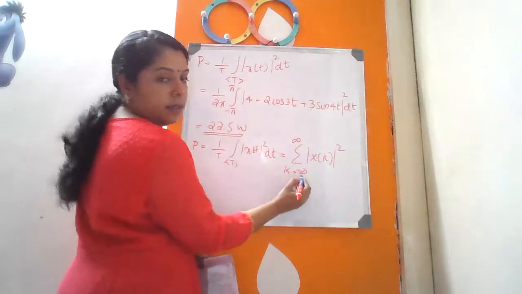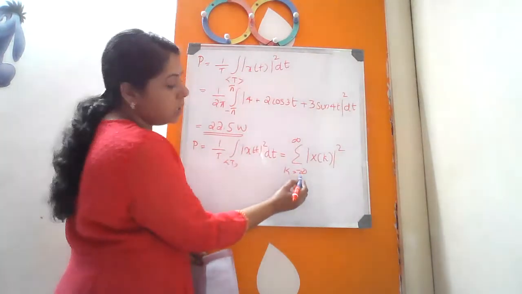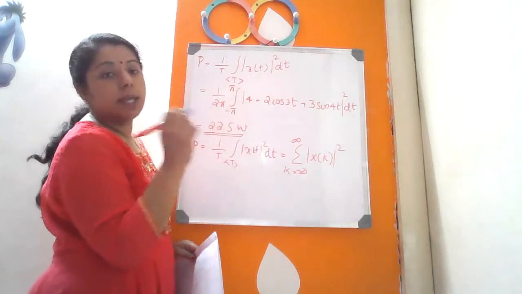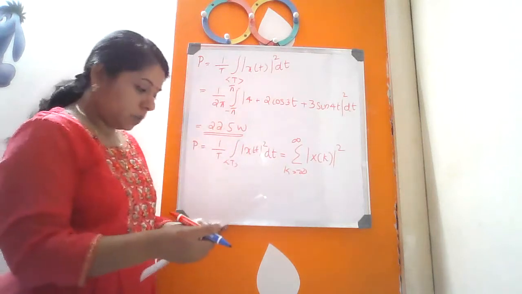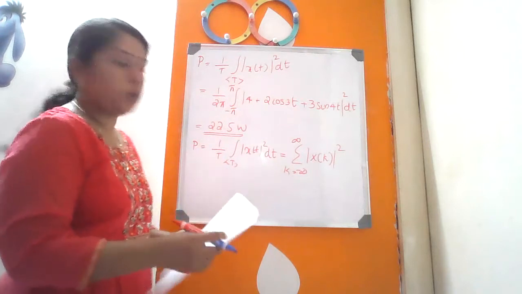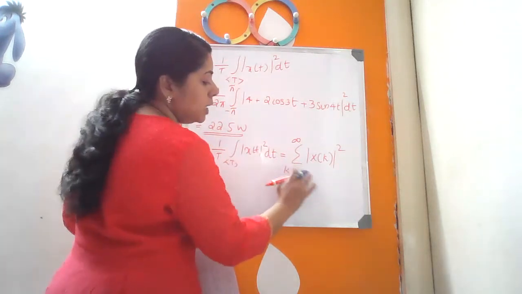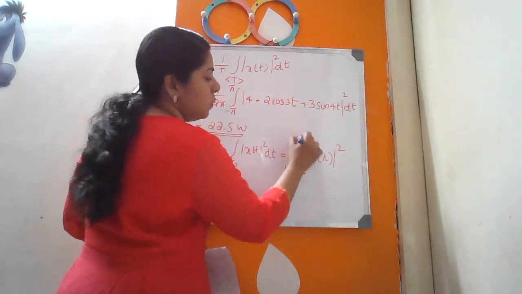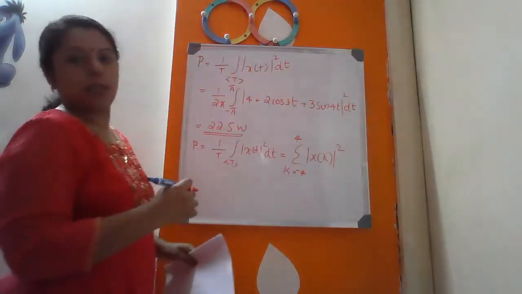In this case, you don't want the summation limit from minus infinity to plus infinity, because our x of k is from minus 4 to plus 4. So I can change it into minus 4 to plus 4 mod x of k the square.